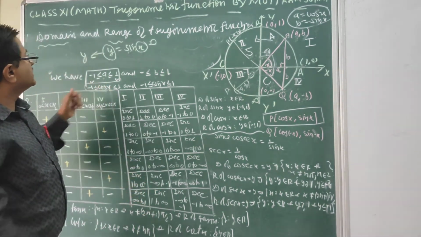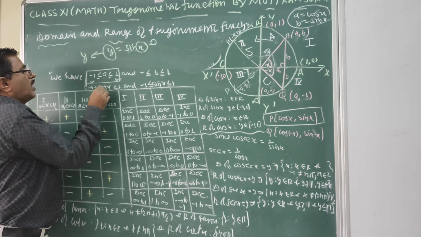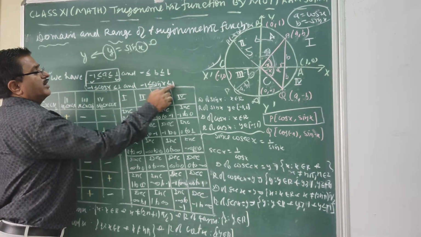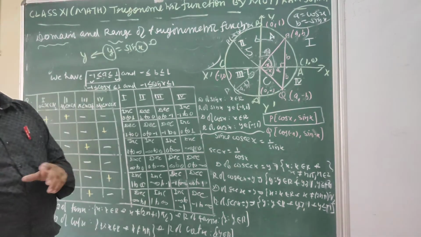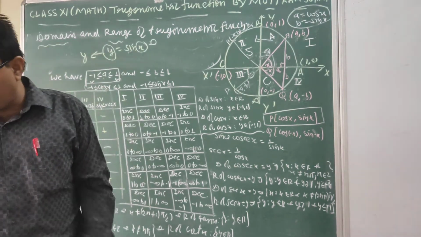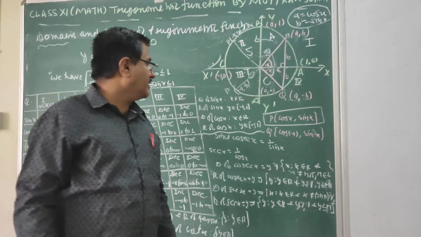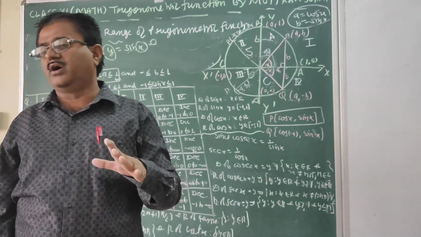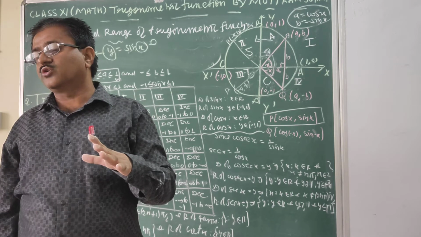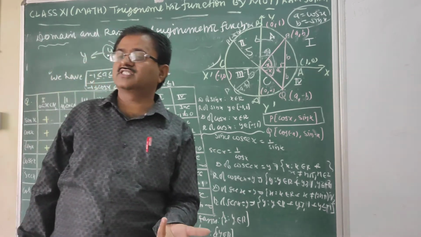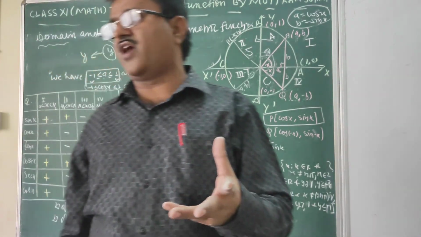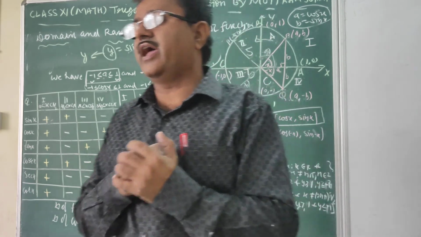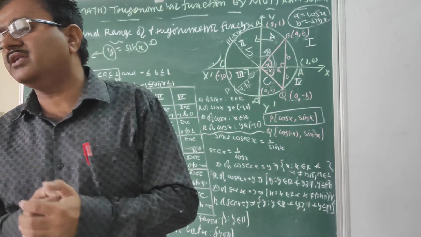We already said the value of sin x always lies between -1 and 1. Clear? It means the function sin x is defined for all real numbers. So domain means the values for which the function is defined or exists.